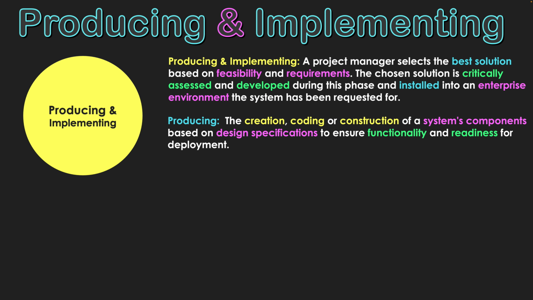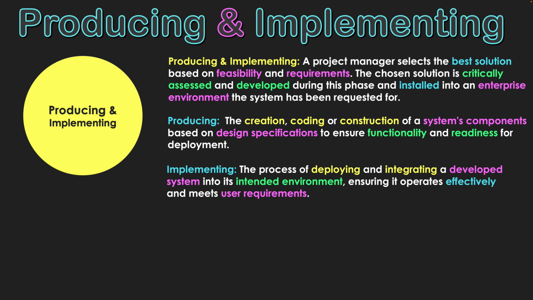So on the producing side, we're talking about the creation, coding, or construction of a system's components based on design specifications to ensure functionality and readiness for deployment. Okay, so we're actually building the system that they need that will work in their working environment. And then the second part of this is the implementation part, the process of actually deploying the system and integrating the system within its intended environments.